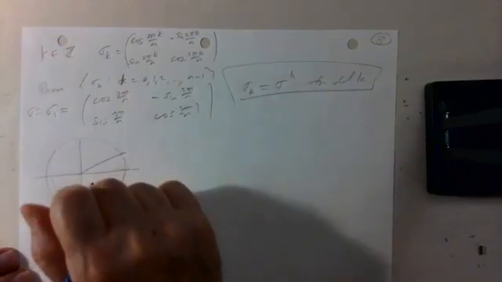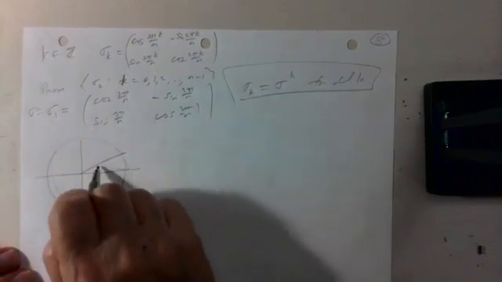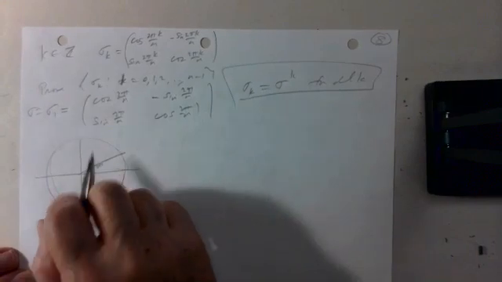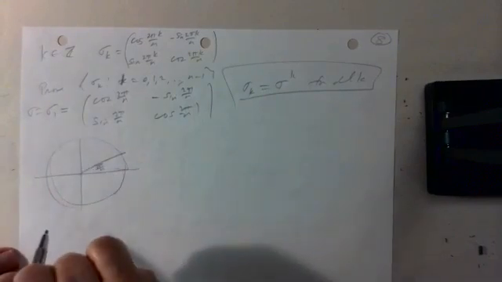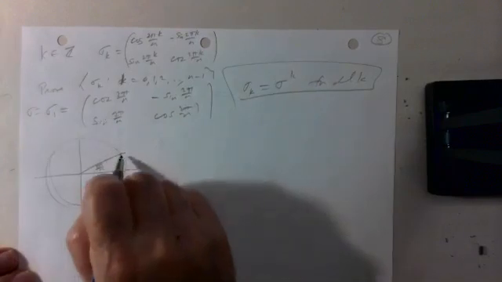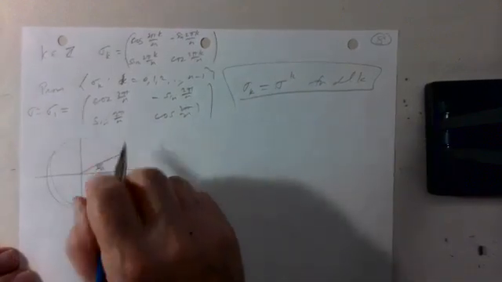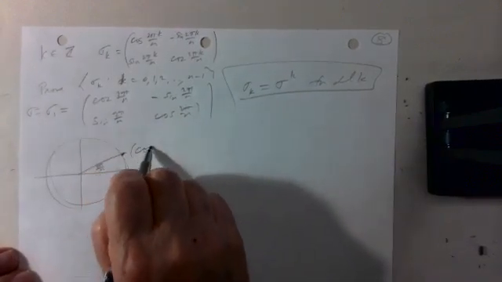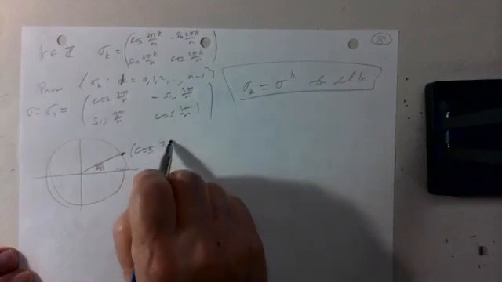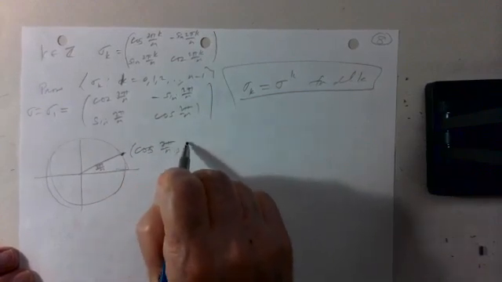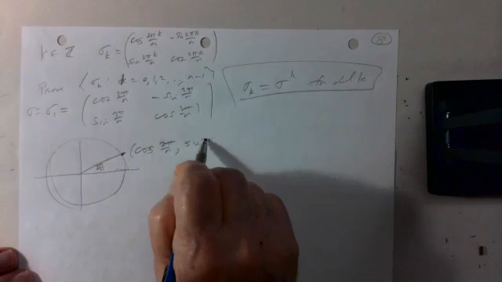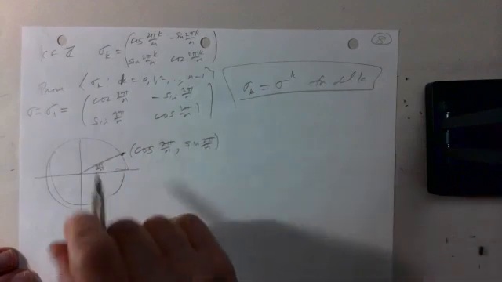If you divide the circle into n pieces, each of these angles is 2 pi over n, and the coordinates of this point are cosine of 2 pi over n, sine of 2 pi over n.